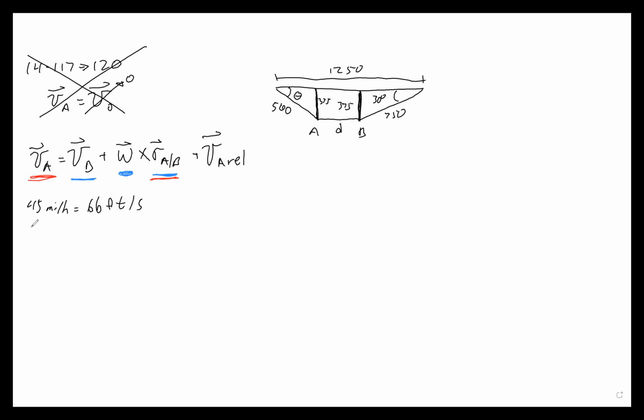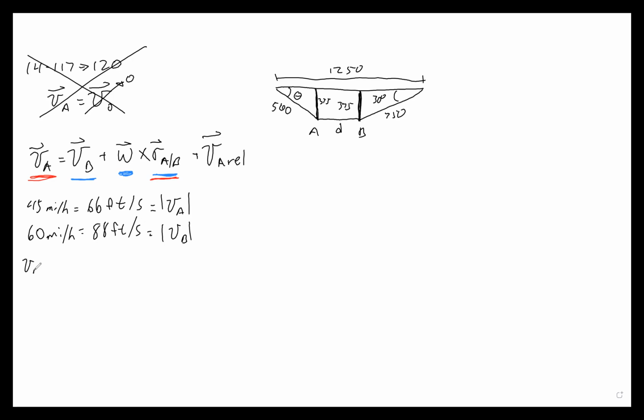And then velocity B is 60 miles per hour and is equal to 88 feet per second. Okay, but these are magnitudes. So this is the magnitude of velocity A. This is the magnitude of velocity B. This is not sufficient for us to use in our equation.